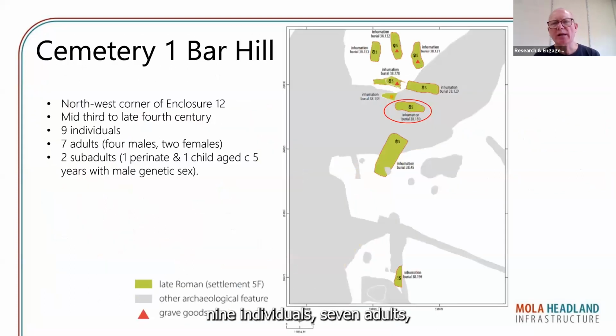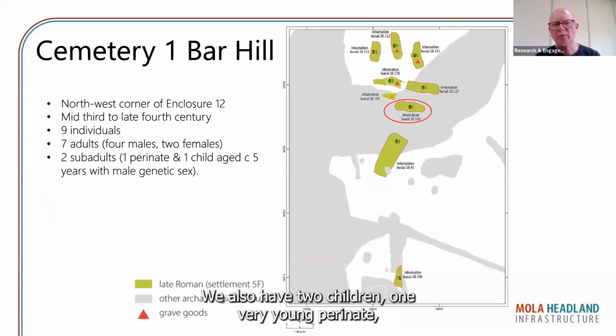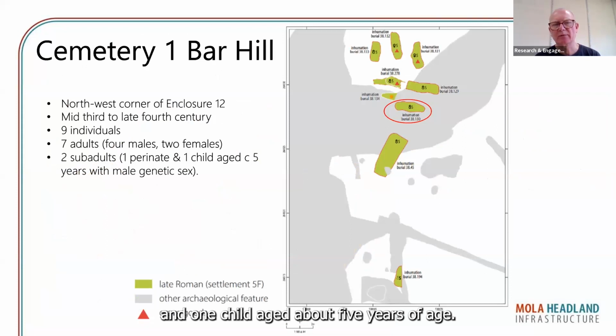And what we have is 9 individuals, 7 adults, including 4 males and 2 females. We also have 2 children, one very young, perinate, and 1 child aged about 5 years of age.